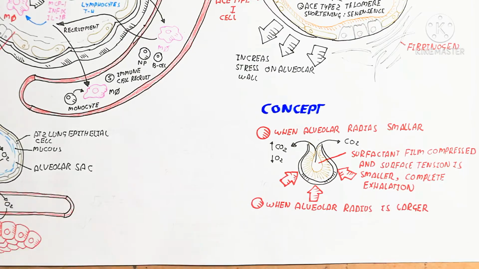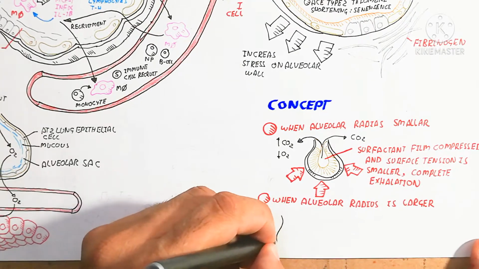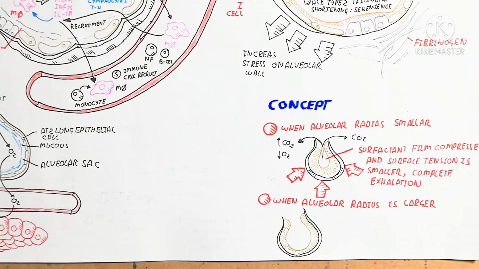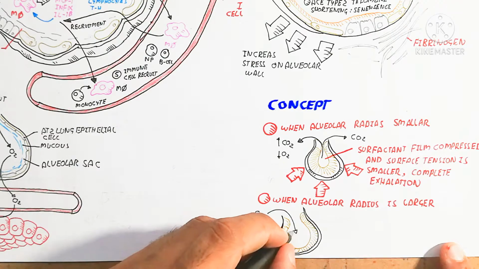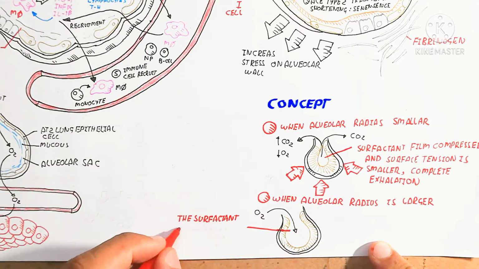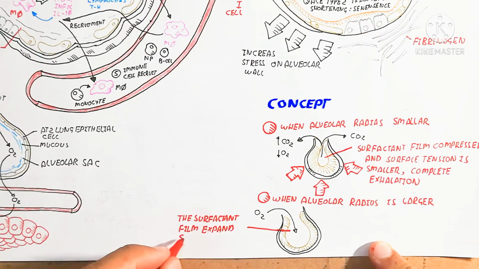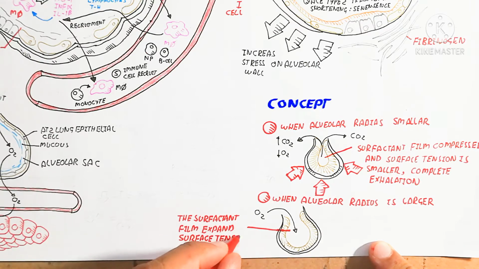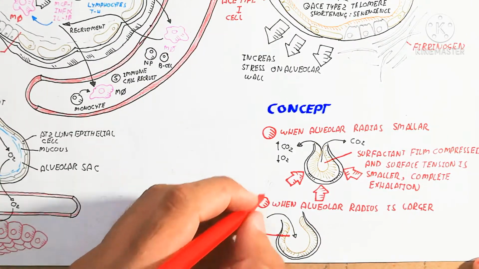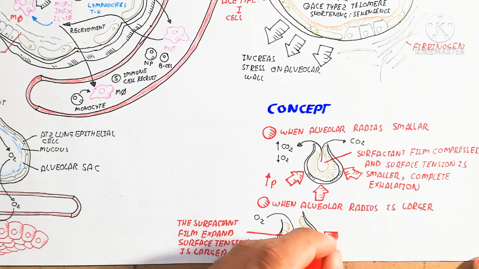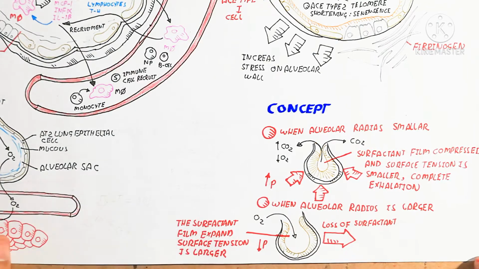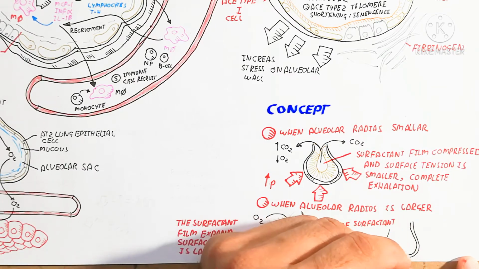Surfactant decreases the volume of the alveolar sac during exhalation, the surfactant film is compressed, and surface tension is smaller, allowing complete exhalation, while when the alveolar radius is larger, it means inhalation time, and the surfactant film expands like that and surface tension is larger. It means the pressure will be down, while during contraction the pressure will rise.